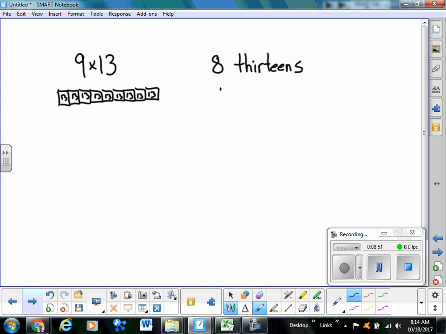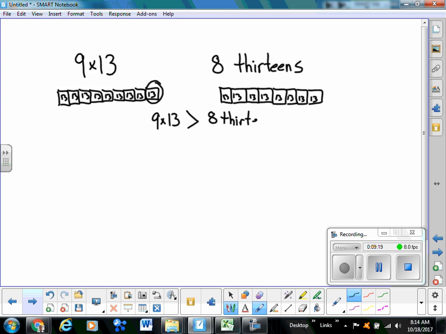This one is 8 13s: 1, 2, 3, 4, 5, 6, 7, 8. So when we compare them, you should know that 9 times 13 is going to be bigger. It's actually 1 13 bigger than 8 13s.